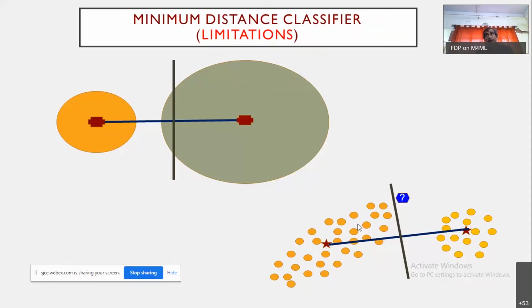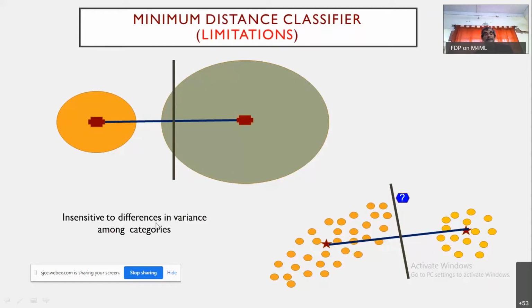All points to the left of this line will have minimum distance from the mean of class 1, and all points to the right will have minimum distance from the mean of class 2. That was very simple, but the accuracy, the optimization that we are looking for, that we want to have a minimum error case, is not so good. So this can be a classifier, but may not be a good classifier.